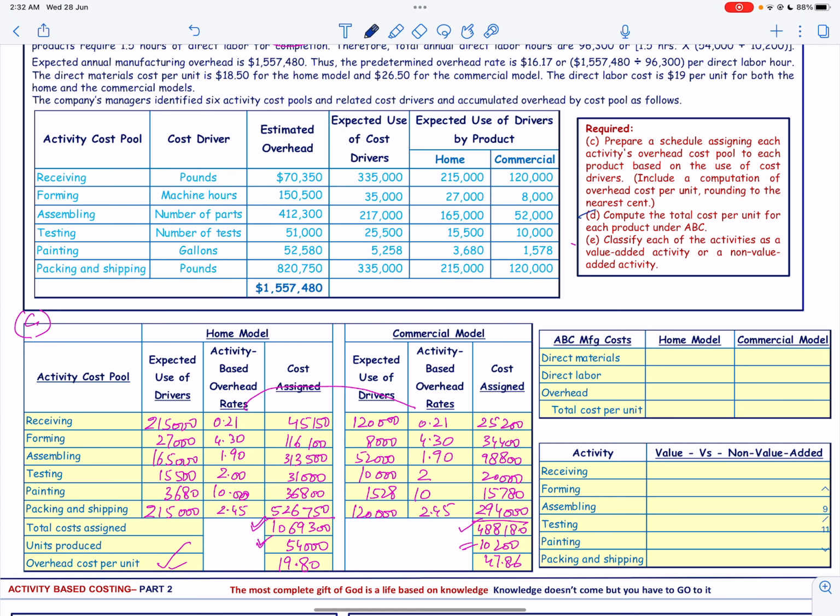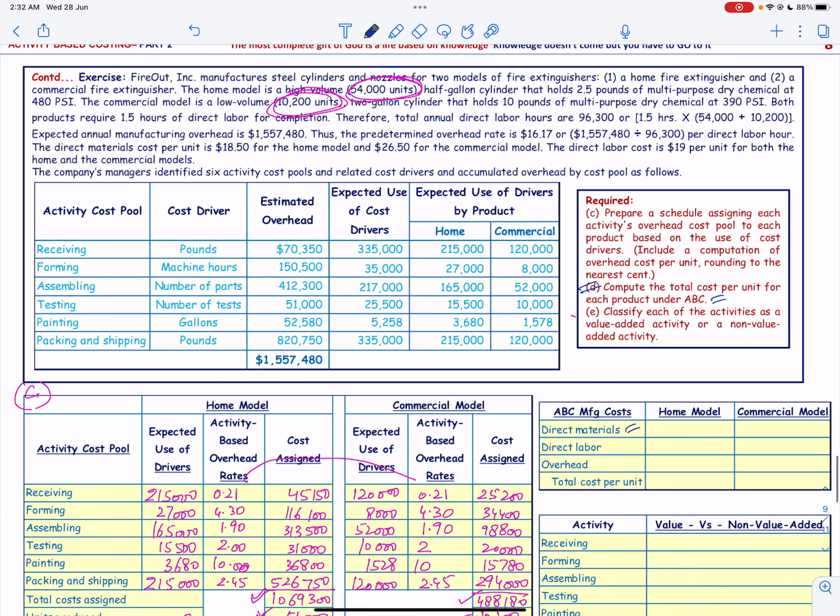Now for part D, they say compute the total cost per unit for each product under activity based costing. We have already calculated the direct material for ABC, which is 18.5 for the home model and 26.5 for the commercial model.